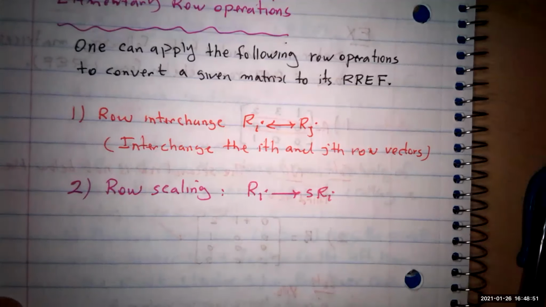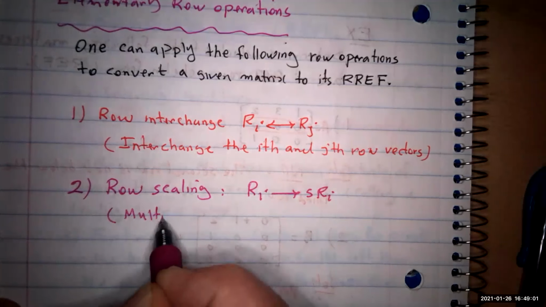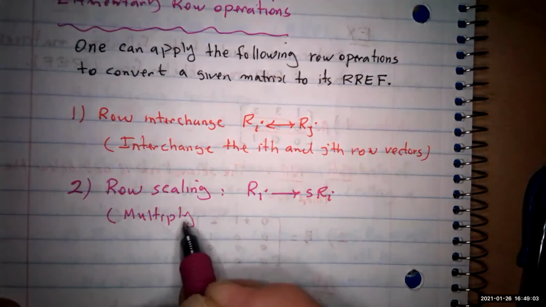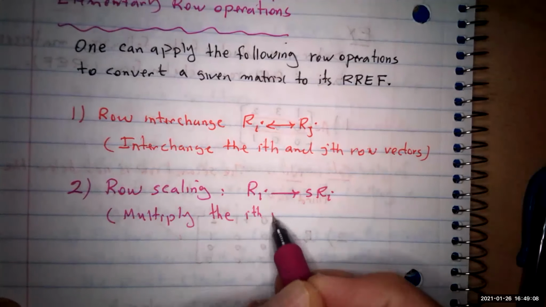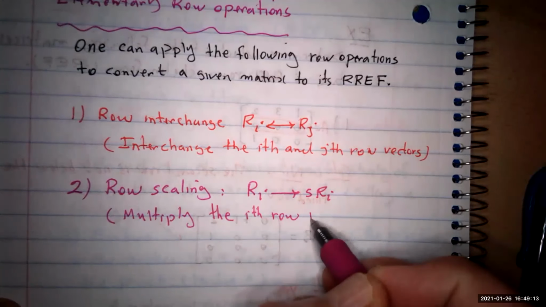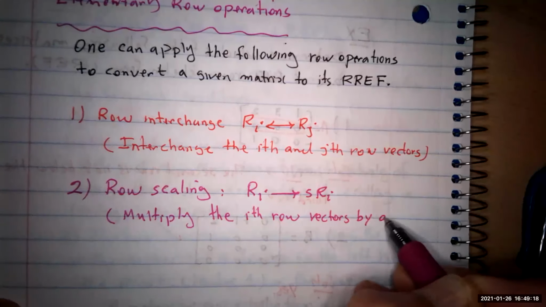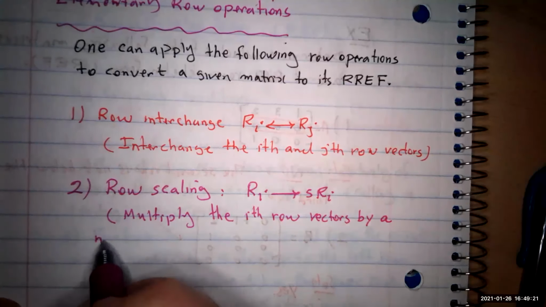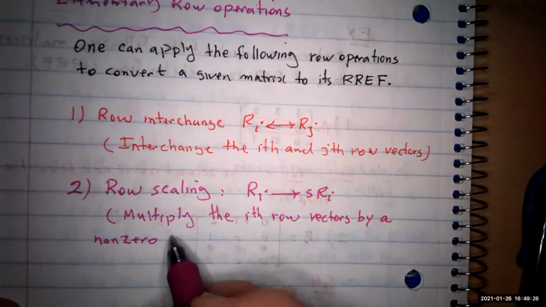This means multiplying the i row vector by a non-zero number, which we call a scalar.